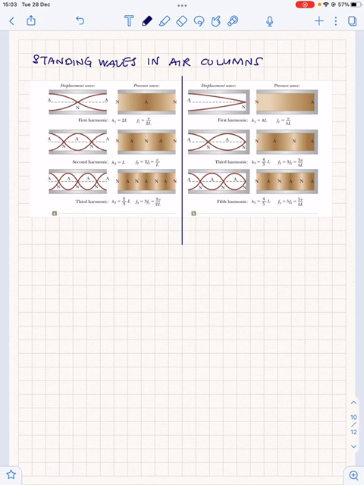Okay, as we can see in figure A, starting from the first one here, this is the first harmonic of air columns open at both ends. So let me write down here. This is open at both ends. This one closed at one end.